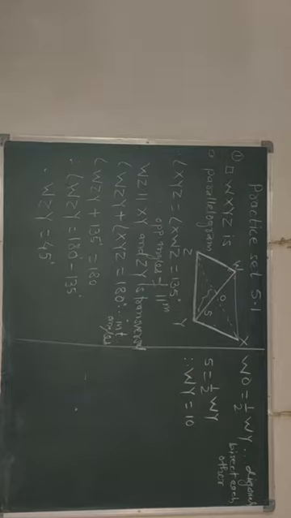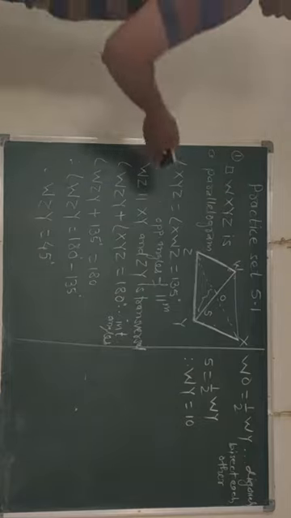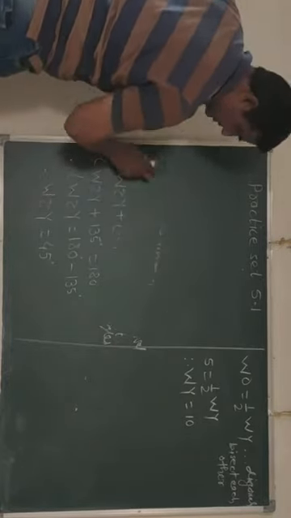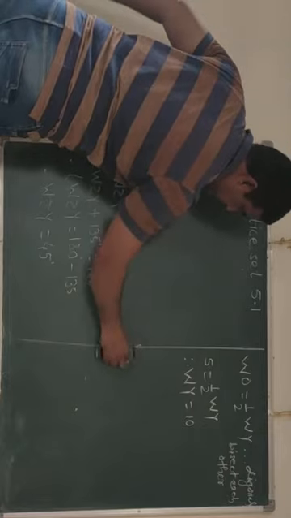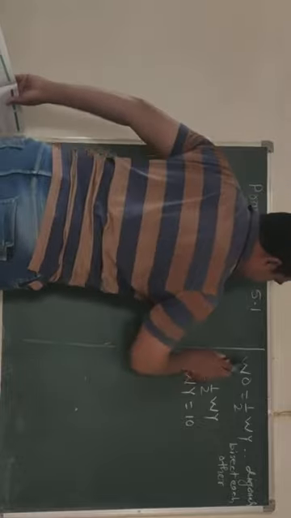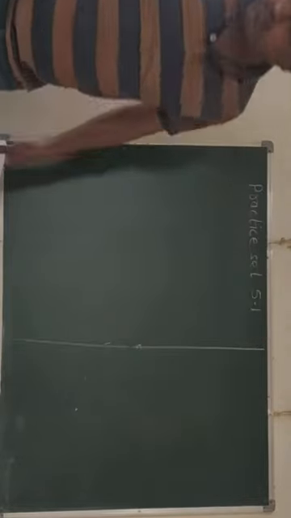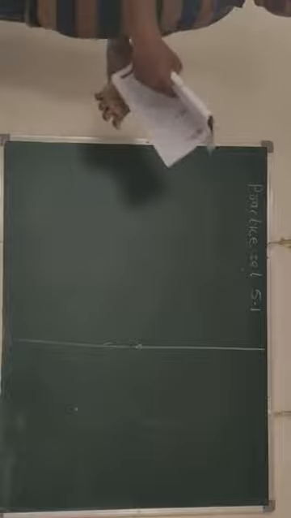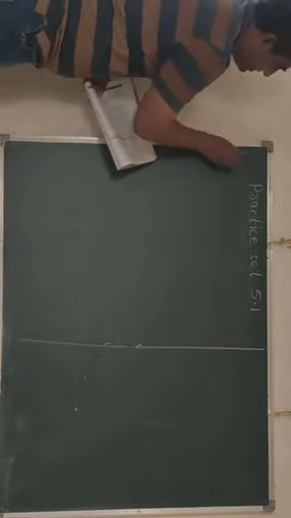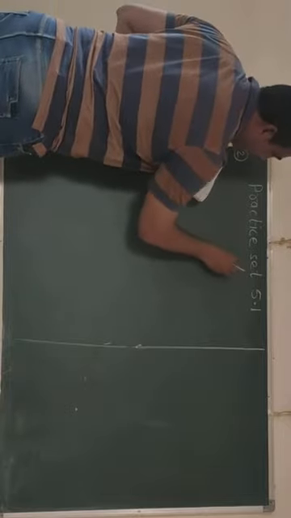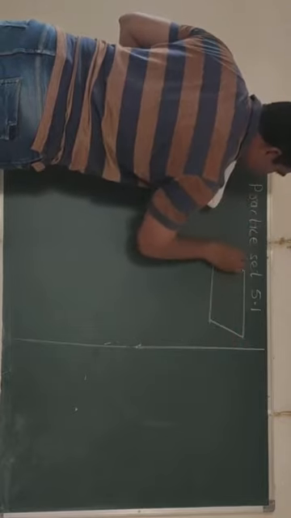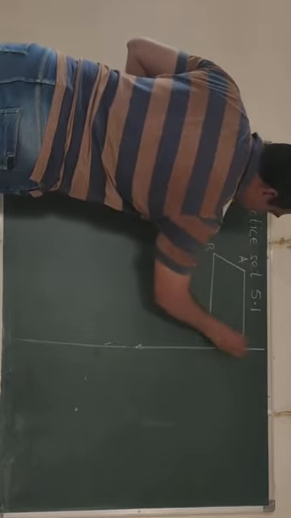Now we'll continue with the second question. Now read the second question. You are given that in a parallelogram ABCD, and for your convenience I am drawing a diagram.